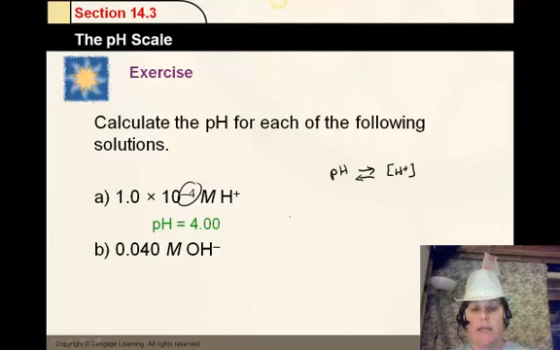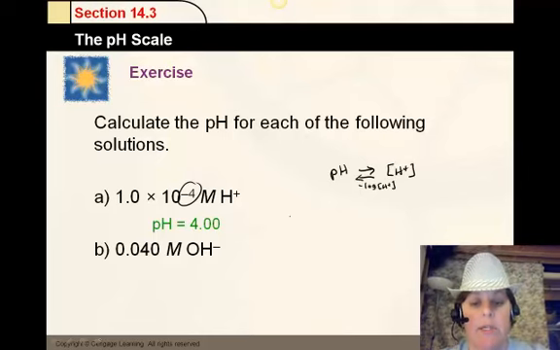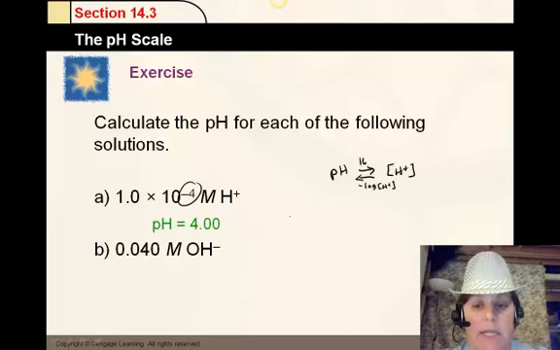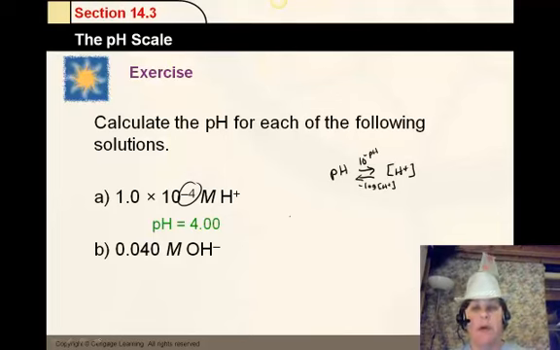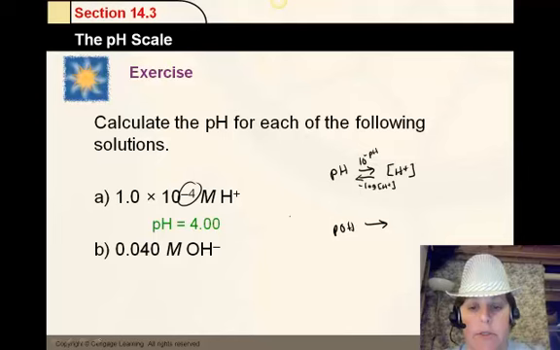Well, if I have hydrogen ion concentration and we go to pH, we take the negative log of the hydrogen ion concentration, and that's the pH. And to go the other way, we say 10 to the negative pH, and that gets us to hydrogen ion concentration. We can also go from pOH to the concentration of OH negative, and back.